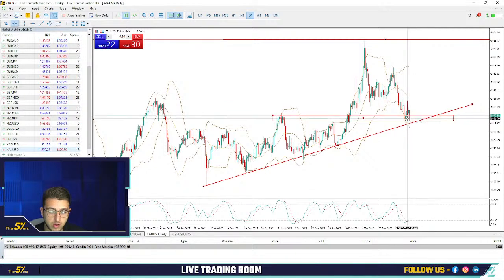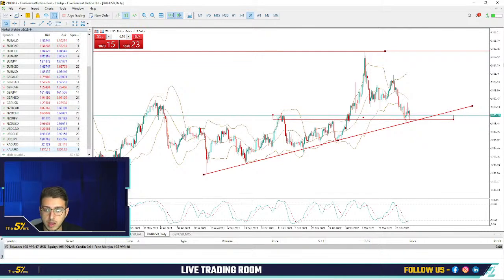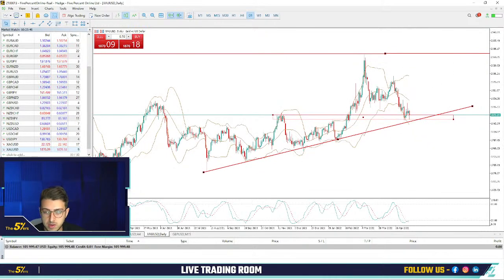This would be a key zone for me, and I will be creating my position here. I'm highly expecting a breakout to an all-time high in the next month, maybe this year. We're going to see that.